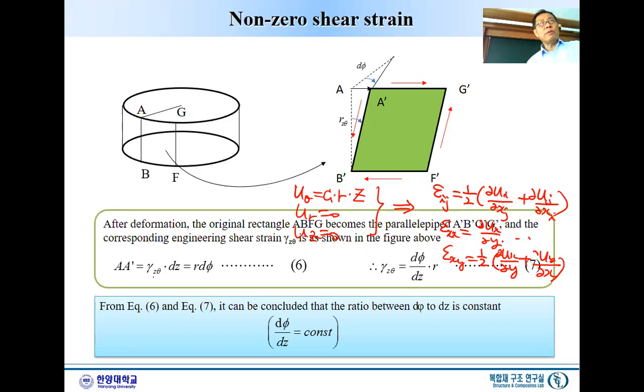So we have 3 terms of normal strain and 3 terms of shear strain, and as you can see, all the strain is in terms of displacement. So since we have this displacement field, the next step is simply to define a strain field.